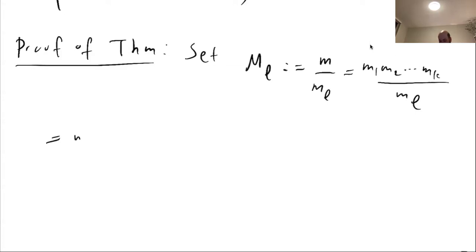This is the same as the product of all MIs except ML itself. So M1 times up to ML minus 1 times ML plus 1 all the way to MK. This number here, I'm going to call capital ML. Now the important feature of this number capital ML is that it's relatively prime with small ml.